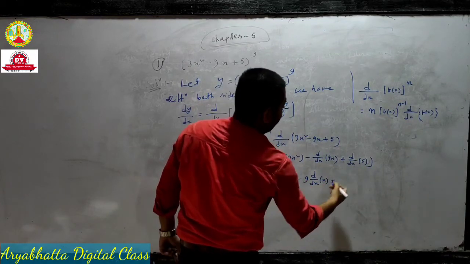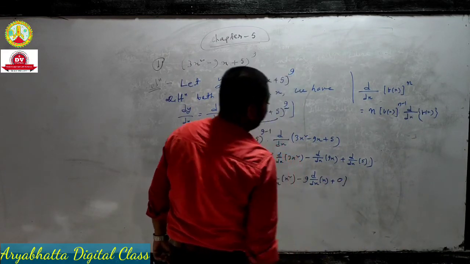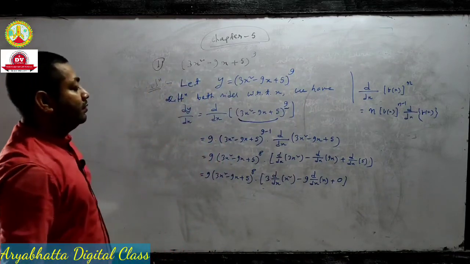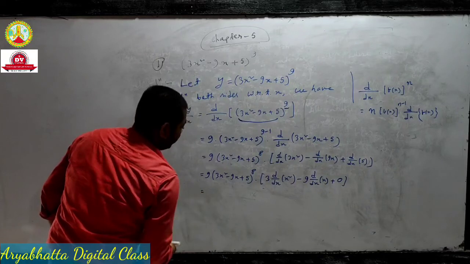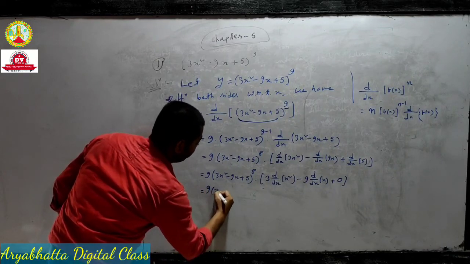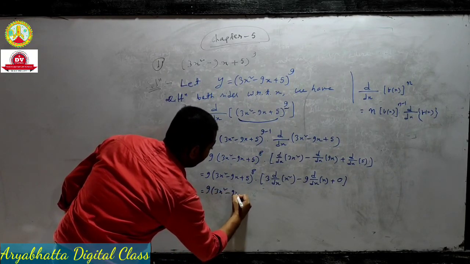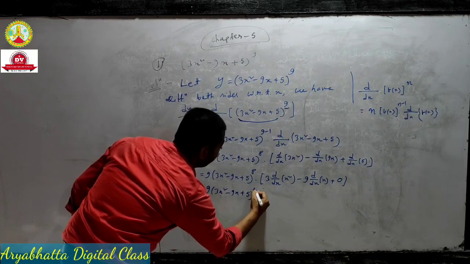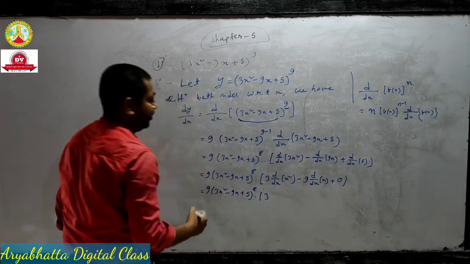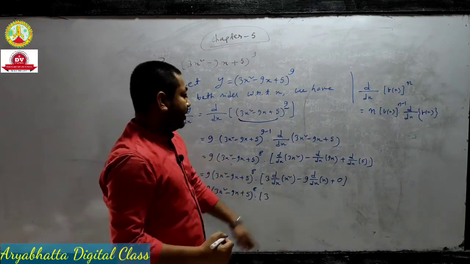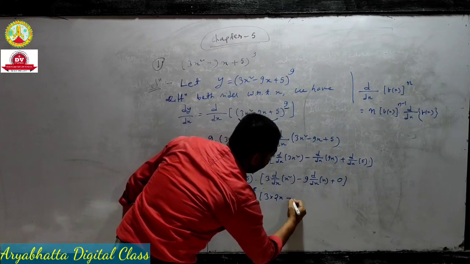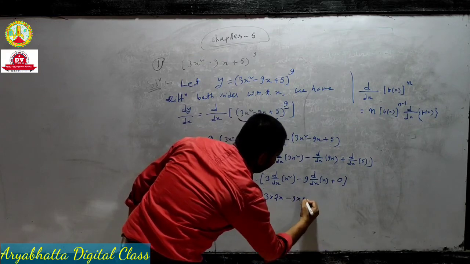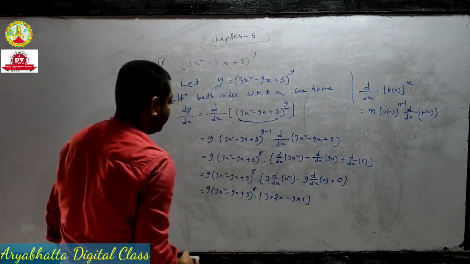Here 5 is a constant, therefore the derivative of a constant is 0. d by dx x squared is equal to 2x, and d by dx x is equal to 1.